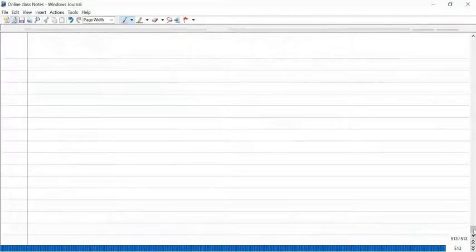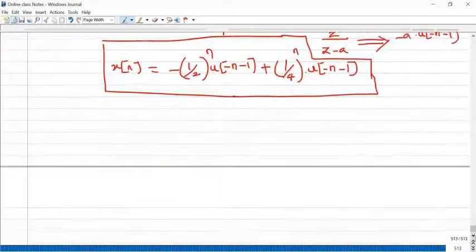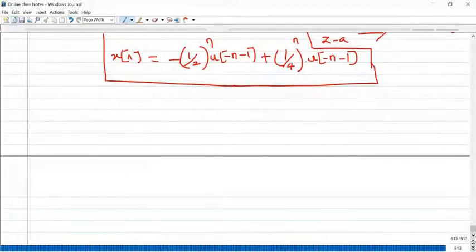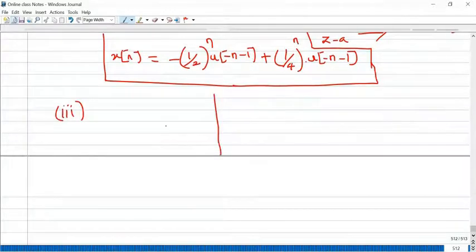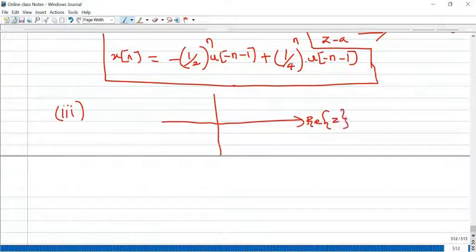Final one, suppose ROC between these two poles. Third possible case. You read the question carefully, whether the condition is given or not. Let us assume 1 by 4.